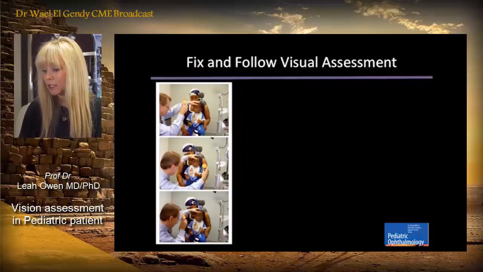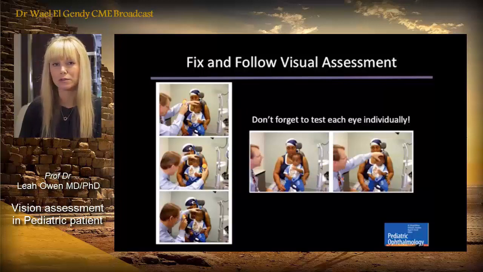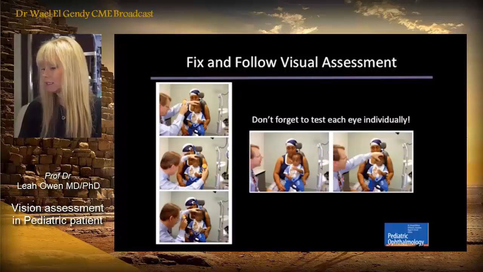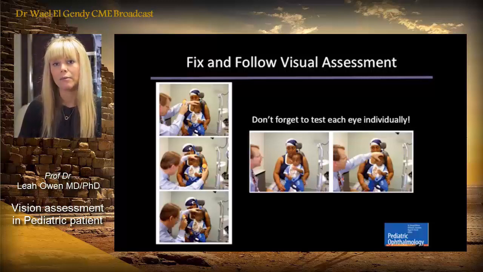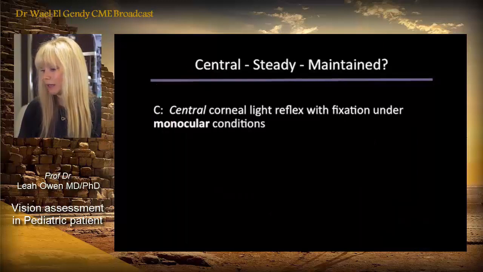That's pictured in here, but then we don't want to forget that we also need to test each eye individually. You can see this in the second picture. We're covering up one eye and trying to understand whether the child maintains fixation on the target that we're testing. So that's a very important parameter in our fix and follow modality.